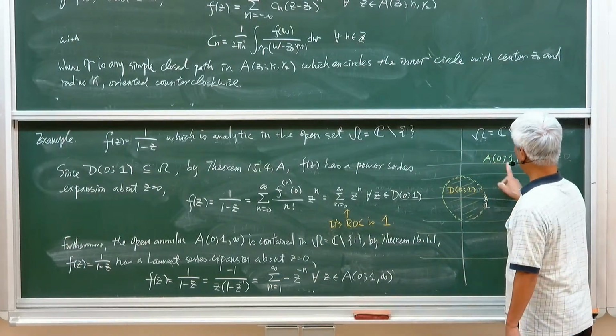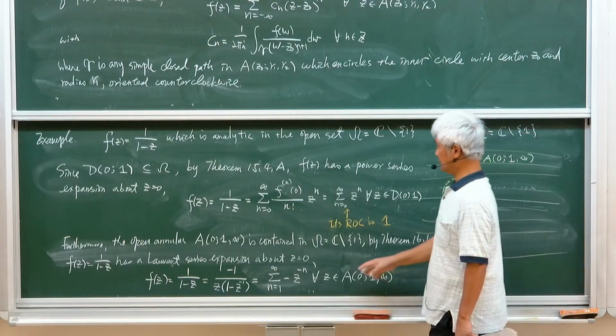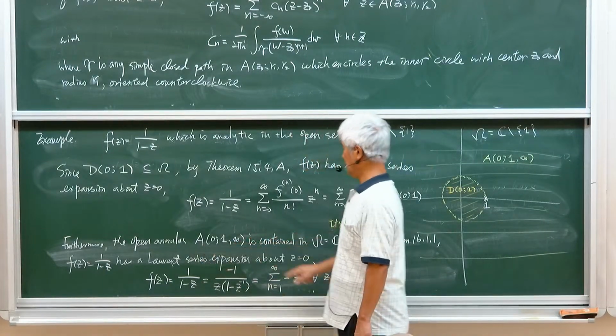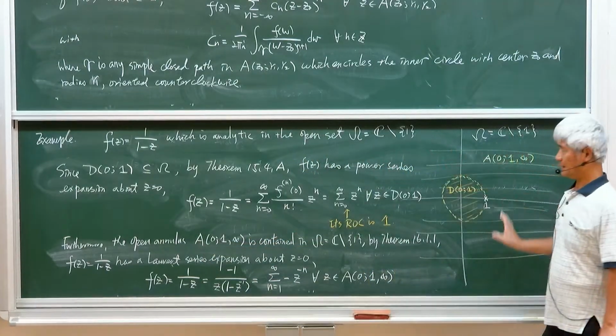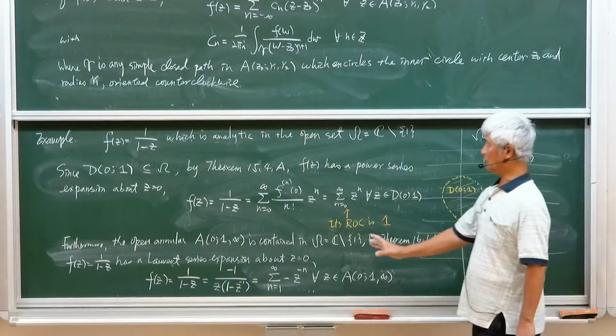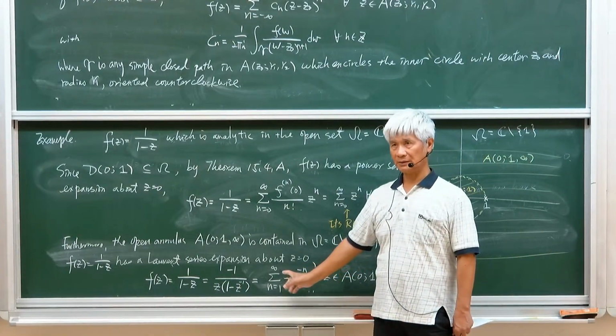But if we find an open annulus, like this one, in the defining open set, then we will have a Laurent series representation.